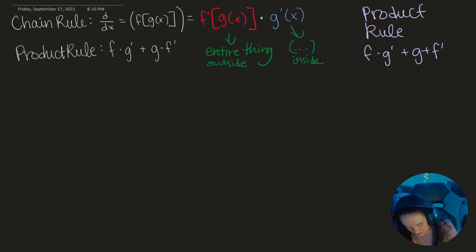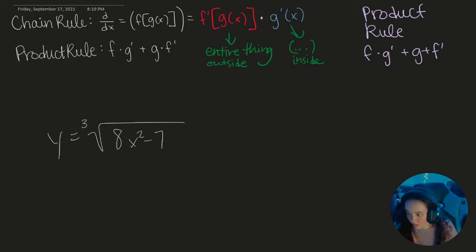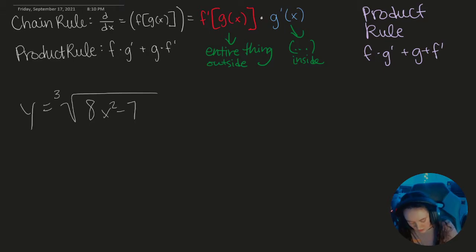It gave us, there we go. Now I pasted. Okay, so it gave us y equals the third root of 8x squared minus 7.